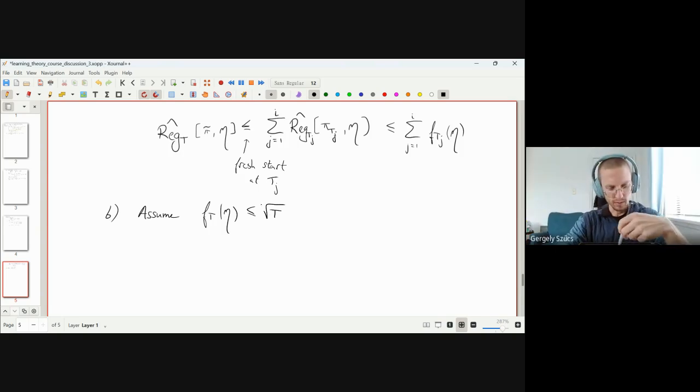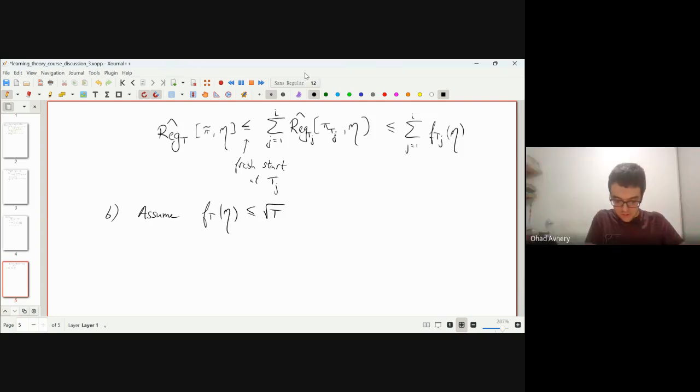Right, which is the kind of situation we had for explore-then-commit, for example, where we had a square root-like bound. Yeah, and here we sample the algorithms in powers of 2, so t_k equals 2 to the k minus 1.